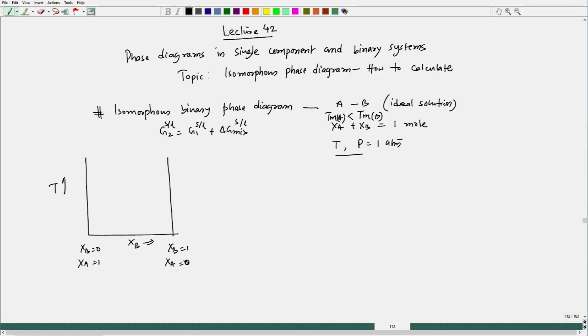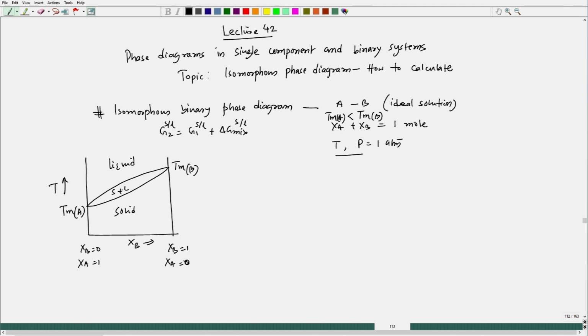This is temperature, and the phase diagram looks like this. This is TMB, this is TMA, the melting points. This is liquid, this is solid, and this is solid plus liquid.